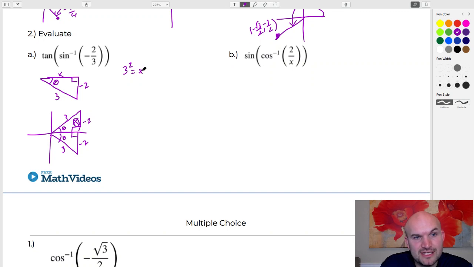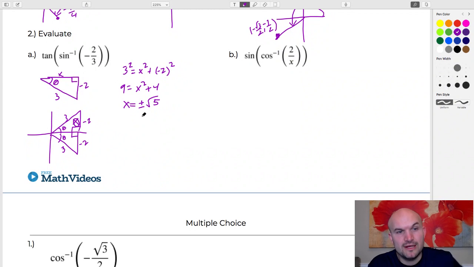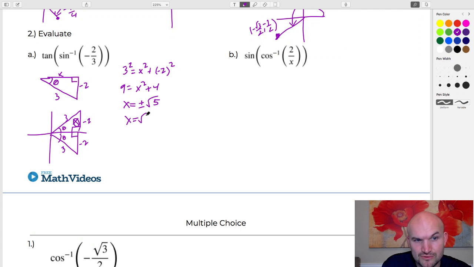So x squared plus negative 2 squared equals 3 squared. Therefore, I have 9 equals x squared plus 4. Then x is equal to plus or minus the square root of 5: subtract 4, take the square root. But again, because direction matters, if we're going to the right, we're not going to include the negative value. So x equals the square root of 5.